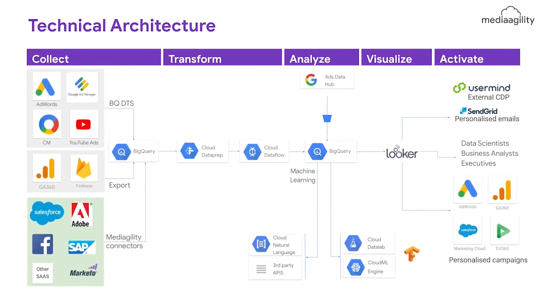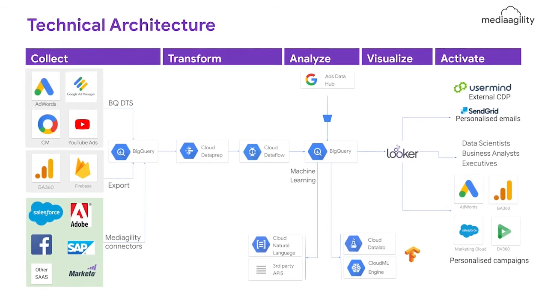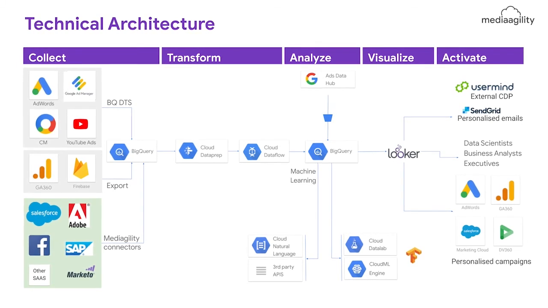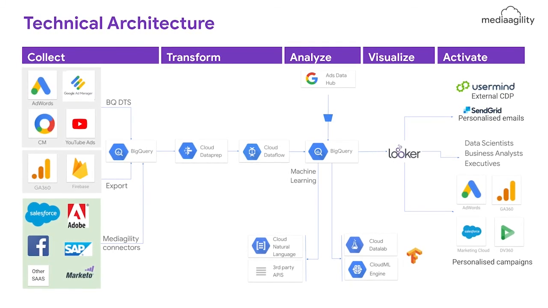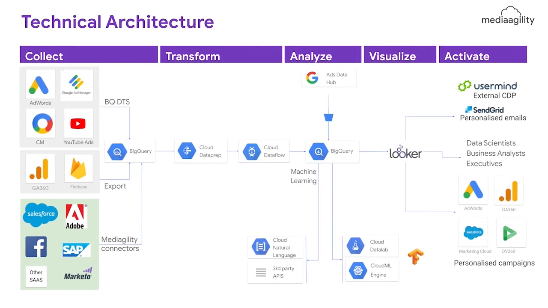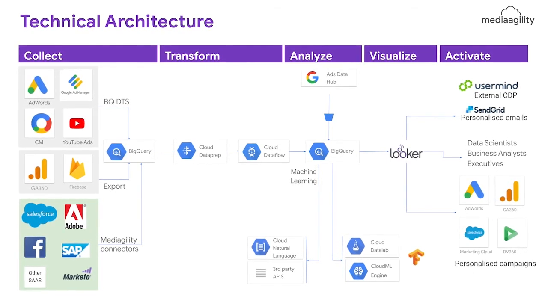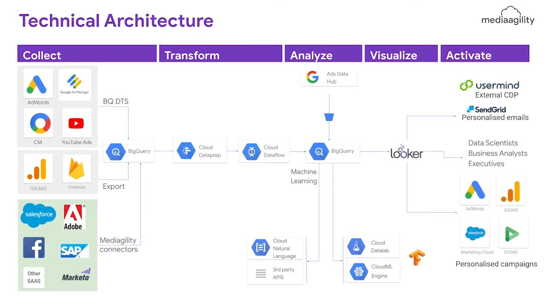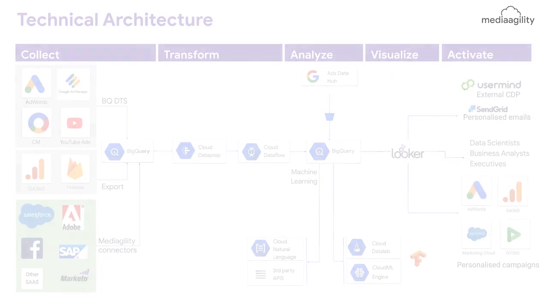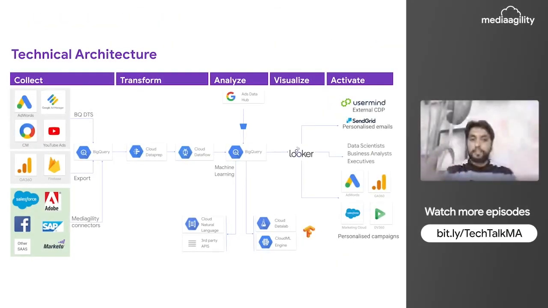We also ingest customers' transactional data. Once we have the marketing data plus the transactional data, we do all the processing to create those aggregations so that we can attribute the correct revenue to the correct campaign. All of that processing happens in BigQuery itself.